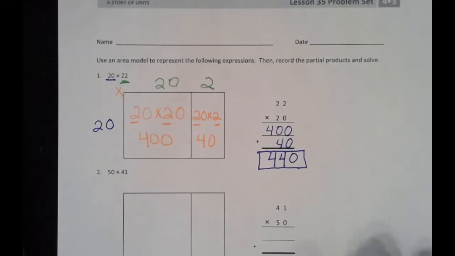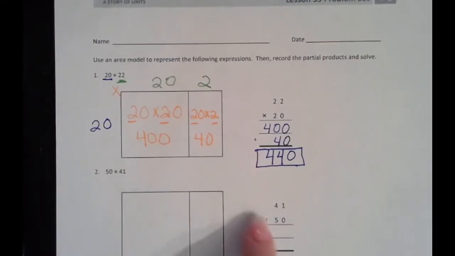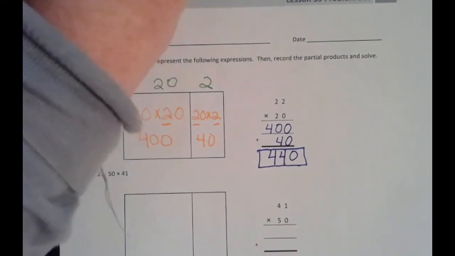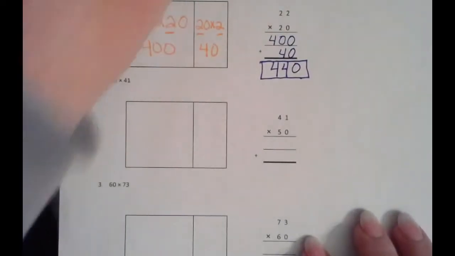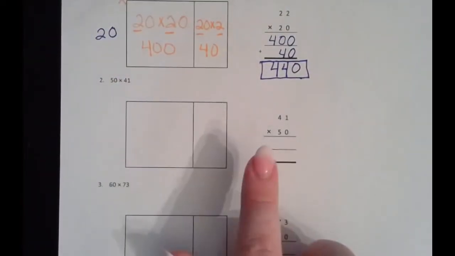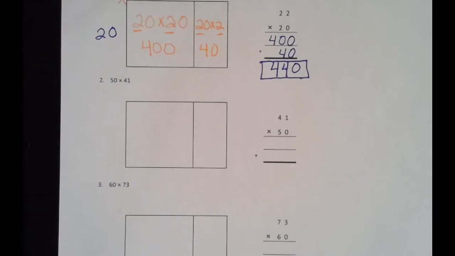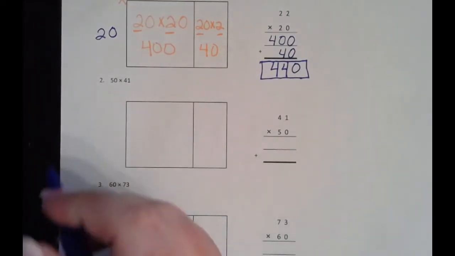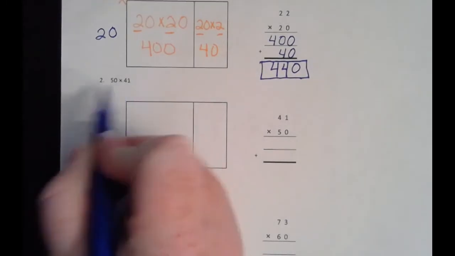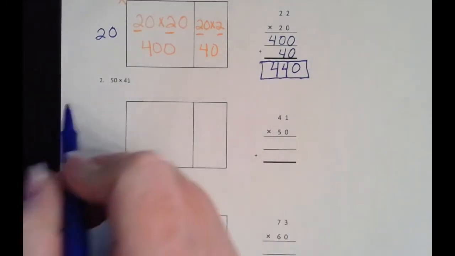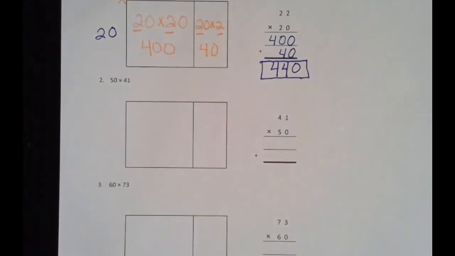Alright, so now let's go ahead and look down here at this next one. Alright, here we have 41 times 50. So we're going to do the same process. Or we have 50 times 41, depending on what you look at. Either way, it's going to be the same problem.